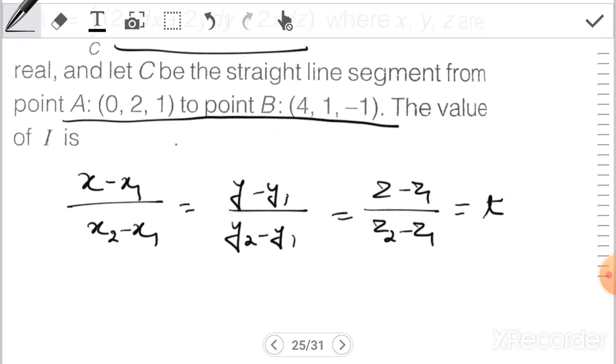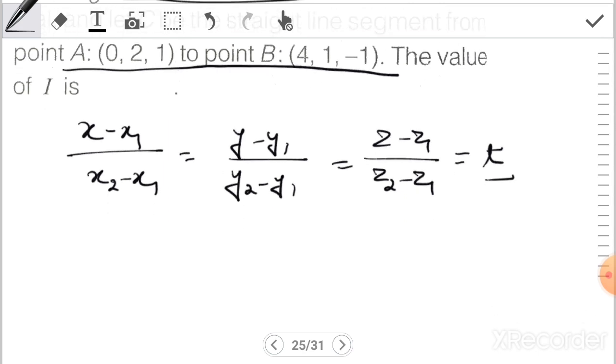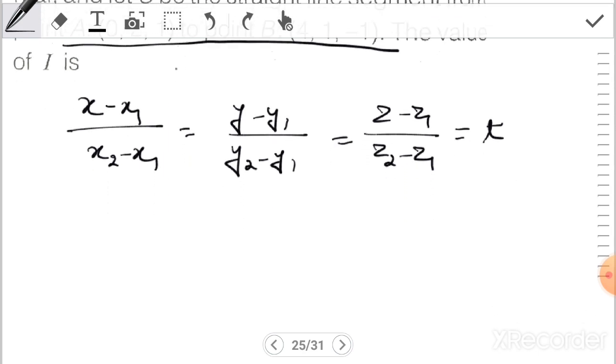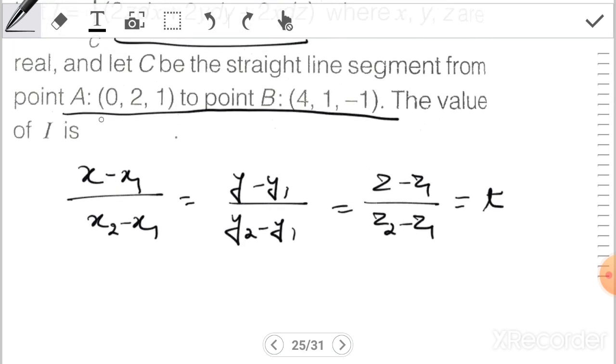So put the values of x, y and z and use the endpoints of one variable, which is t. We have taken t here. Okay, so this is x1, y1, z1, x2, y2, z2, right?